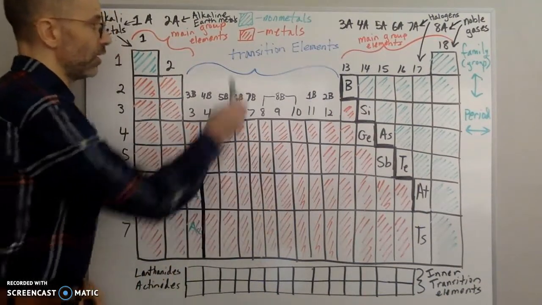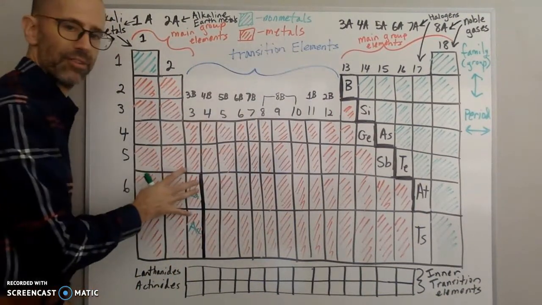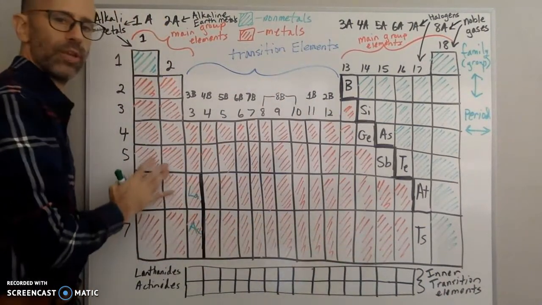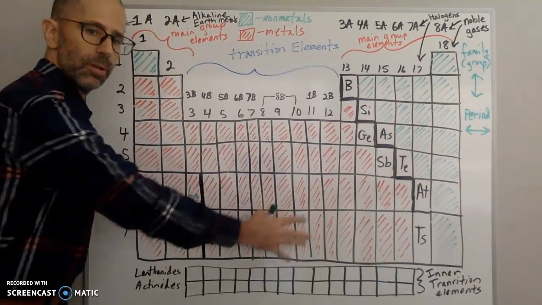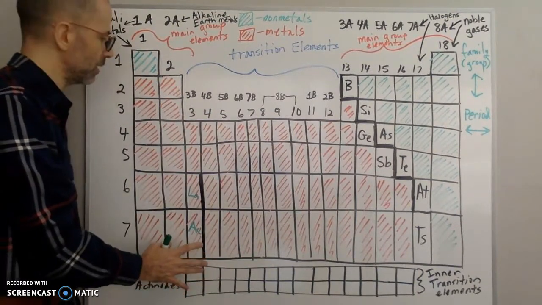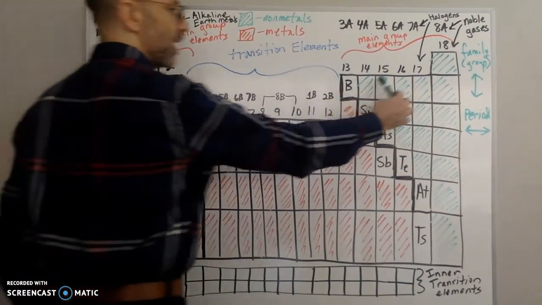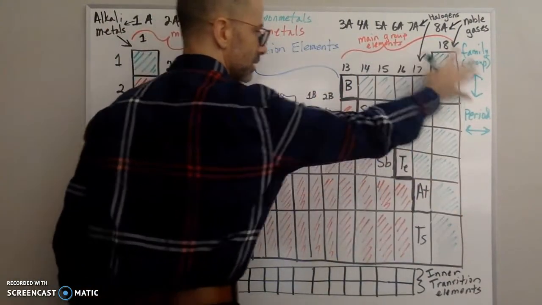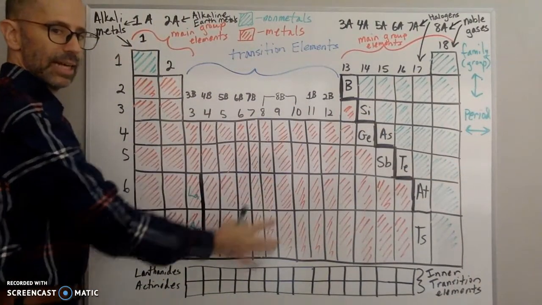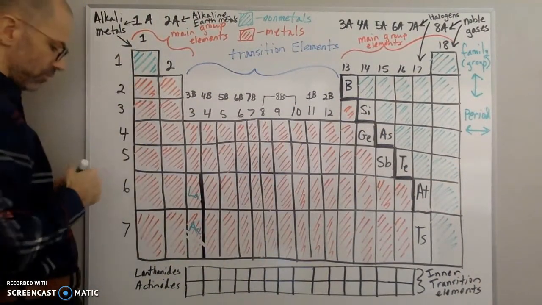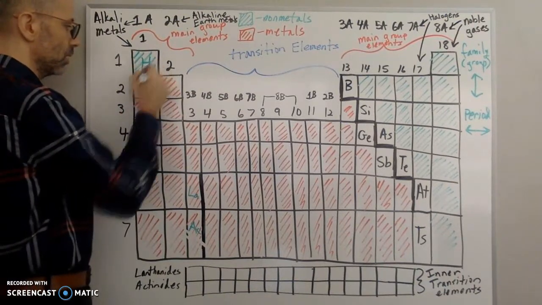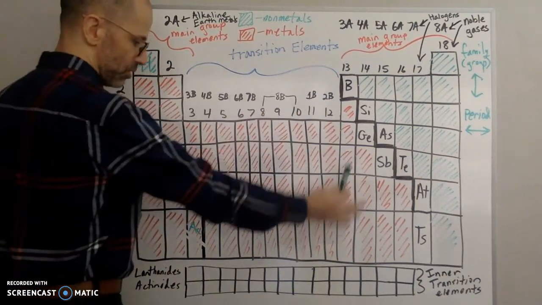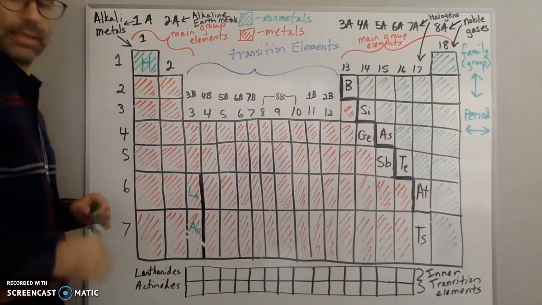So the red here I have marked as metals. So you can see that by and large, more than 2/3 of the table is metals. And then here in the green, I have as non-metals. So everything on this side is non-metals, and everything on this side, except for this one, this is hydrogen, is a metal. Hydrogen's a non-metal. Everything else is a metal on this side.